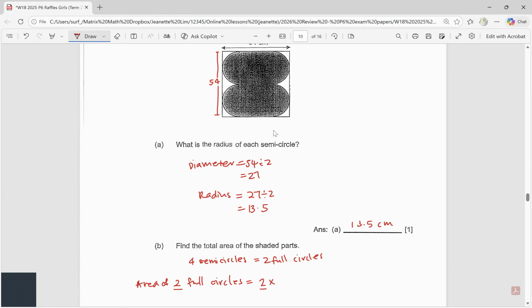Okay, then pi is 3.14 times radius from part A times radius. So this would be 1144.53.